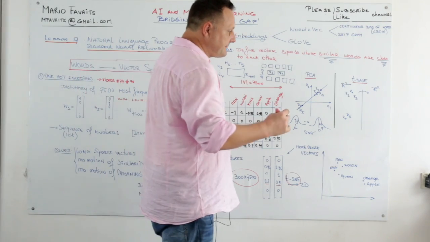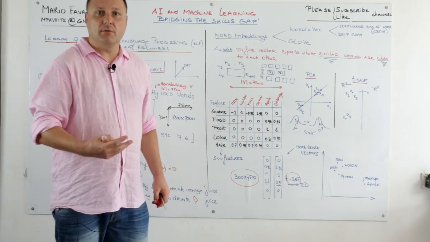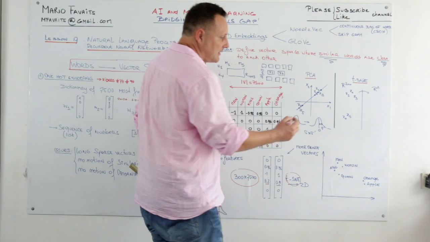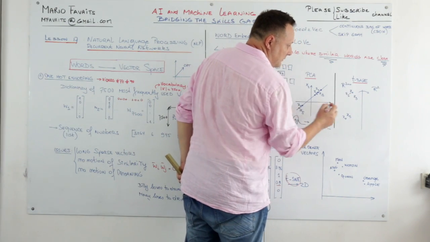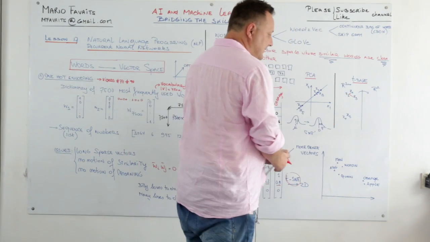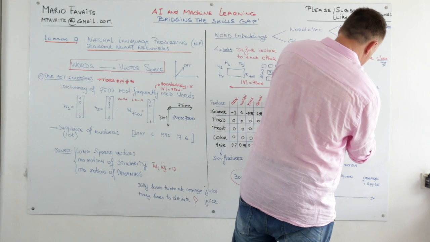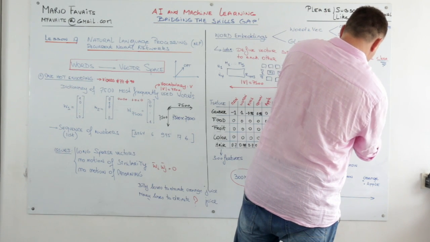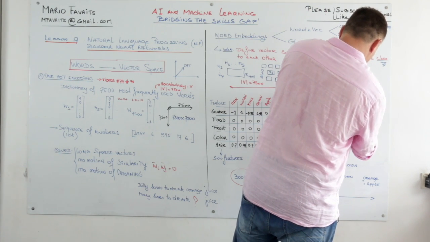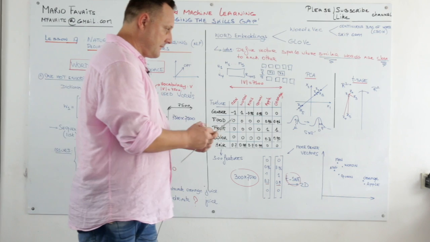So in this case, if we look at the problem from the viewpoint of x1, you have the distance of x1, x2, and x1, x3. Then we have x1, x5, and x1, x4.